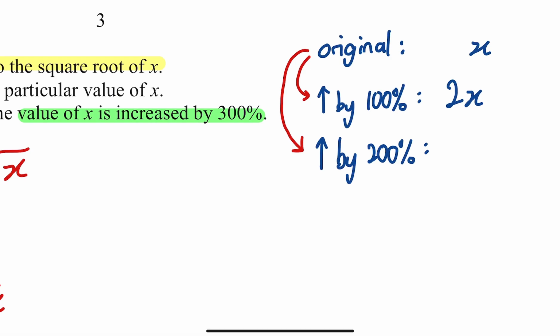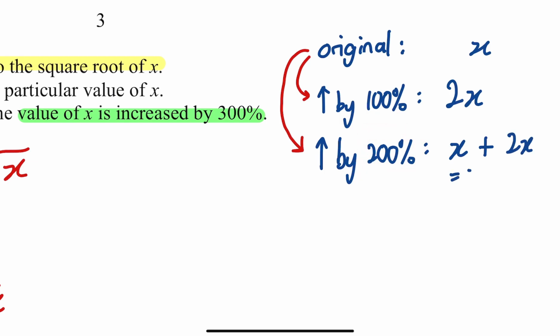At first, I have 1x. I increase by 100% because 100% is x, right? If I increase by 100%, I'll become 2x. If I increase by 200%, 100% is x, so I'm increasing by 2x. Therefore, this will be original x plus 200%, meaning 2x.